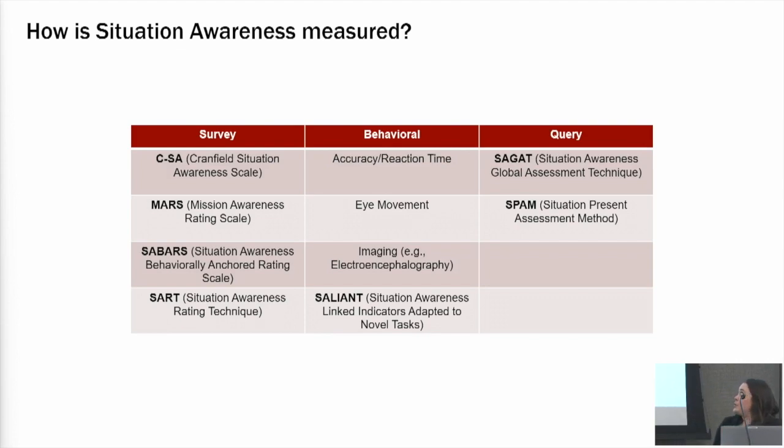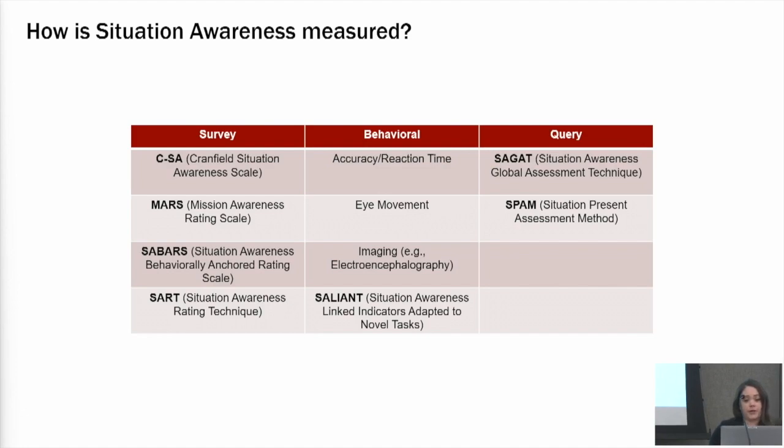There are fewer query-based measures in previous research because they are more intensive, they take more time, they are more complex, and it takes a lot of preparation. You have to identify these things ahead of time and be able to watch them happen and know what type of information you want from that. So they are more direct indicators, but they are also more difficult.